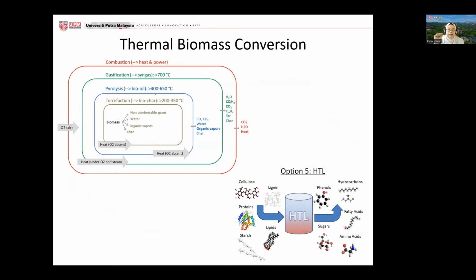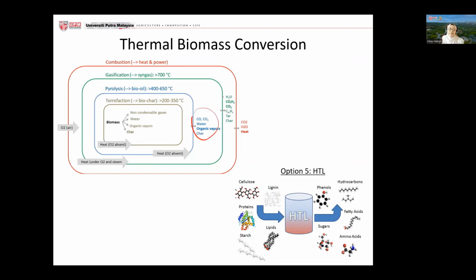Combustion and gasification are above 700 degrees Celsius, pyrolysis is 400 to 650 degrees Celsius, torrefaction is 200 to 350. And that is what is being produced.